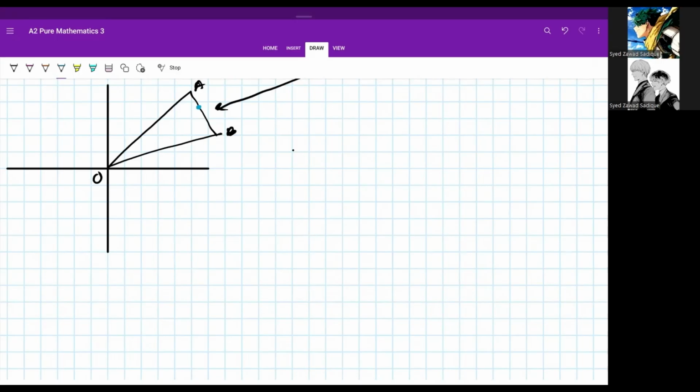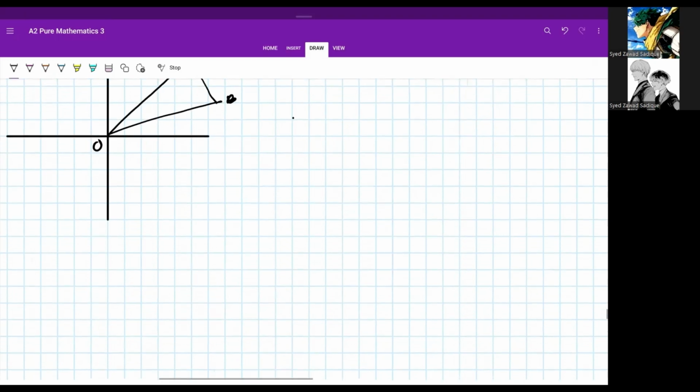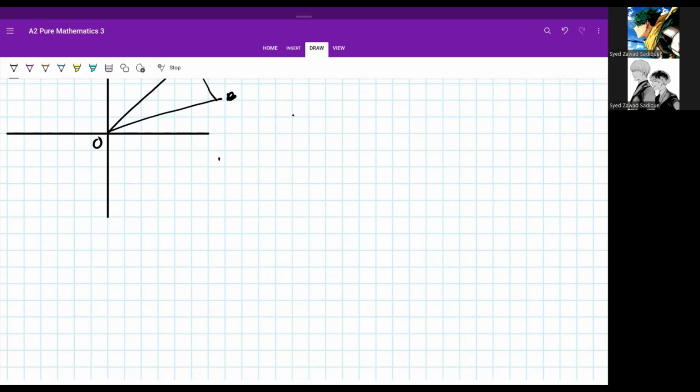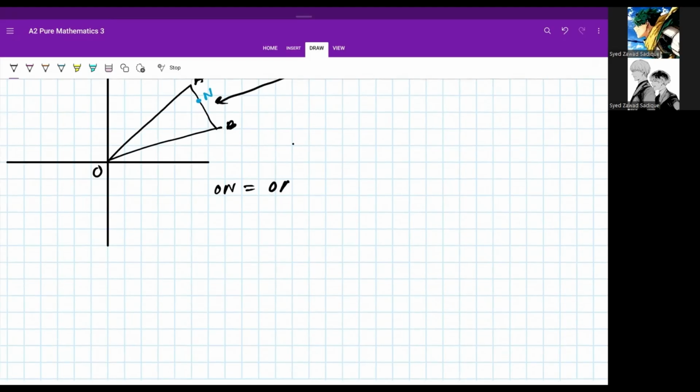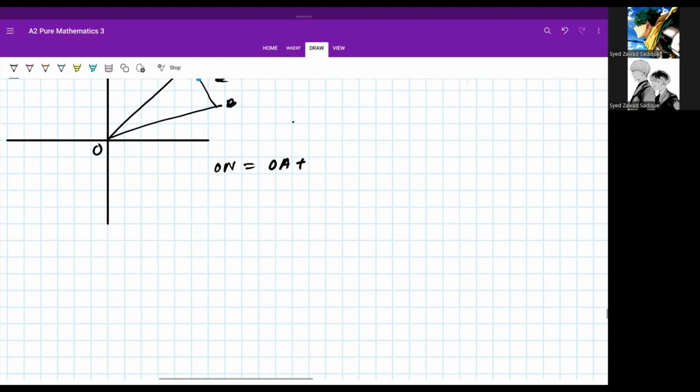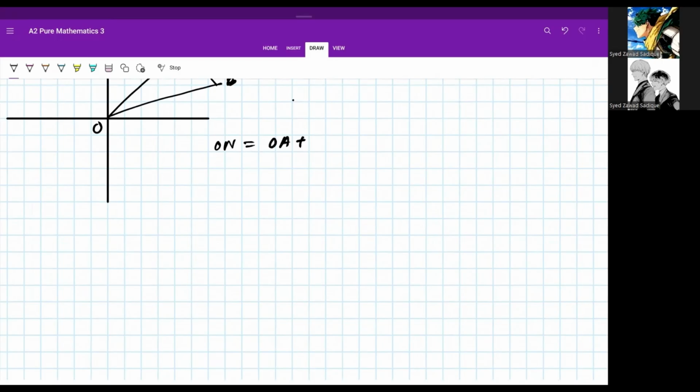The point is N. So they'll usually ask us to find the position vector of N. So we can say ON is equal to OA plus lambda times the direction vector, which is therefore ON is equal to OA plus lambda AB.